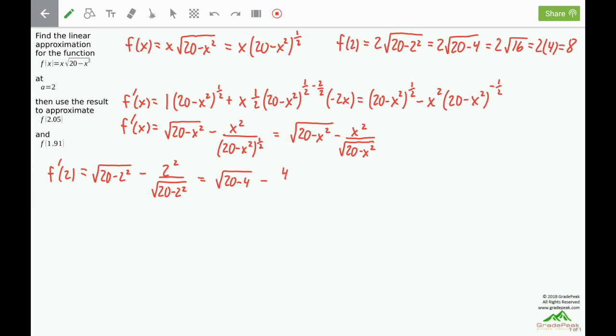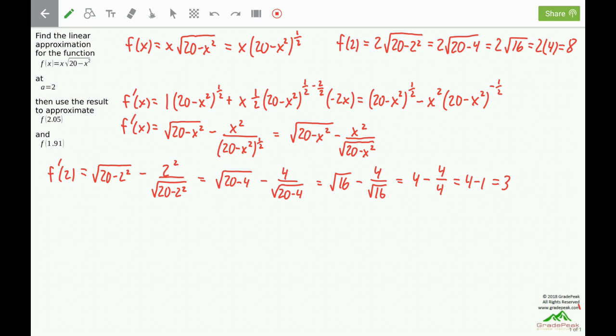So everywhere we see a 2 squared, we can put a 4. It's happening in 3 different locations. So the square root of 20 minus 4, which is 16, minus 4 over the square root of 20 minus 4, which again is a 16. The square root of 16 is a 4, so we have 4 minus 4 over 4. 4 over 4 can reduce to a 1, so we have 4 minus 1, which is a 3.